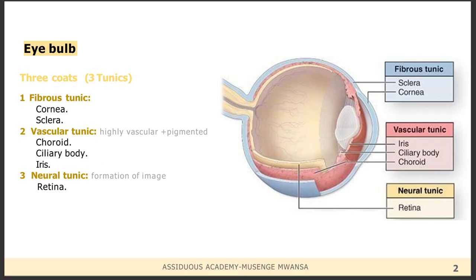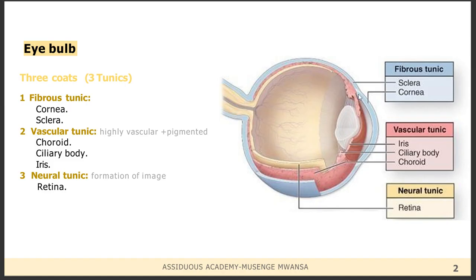The anterior one-sixth, in front, is the cornea. While the posterior aspect is going to be the sclera. That is basically the whitest thing that you'll be able to see.